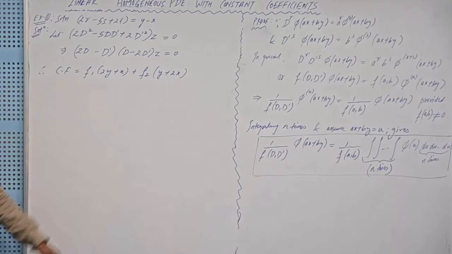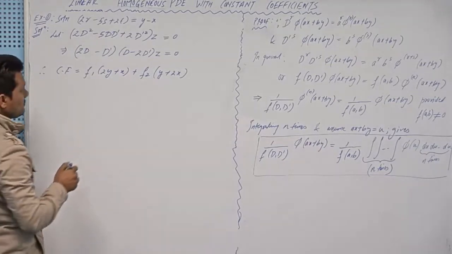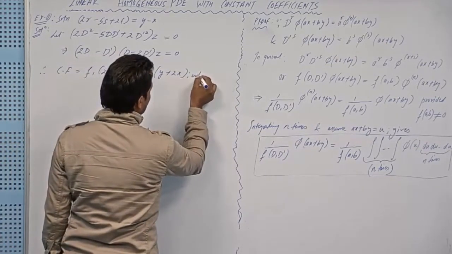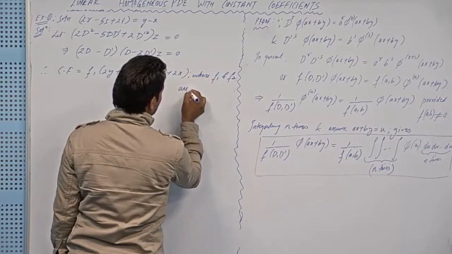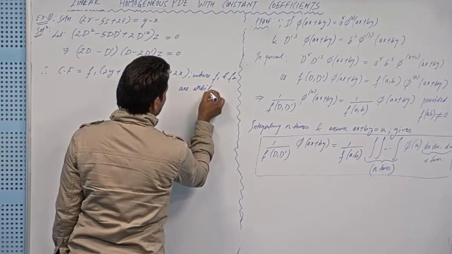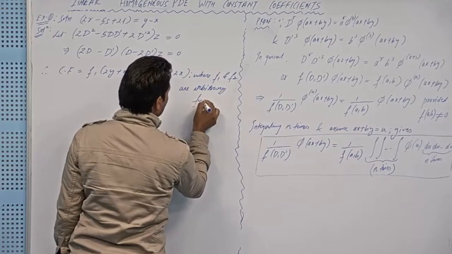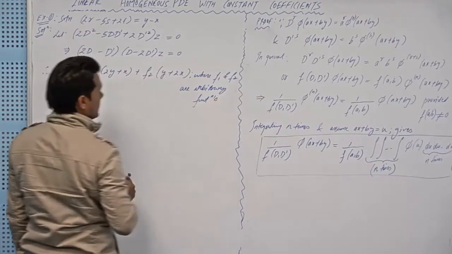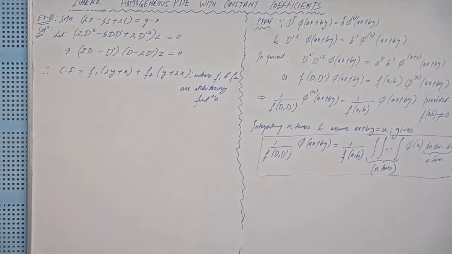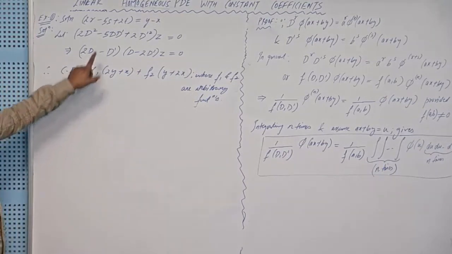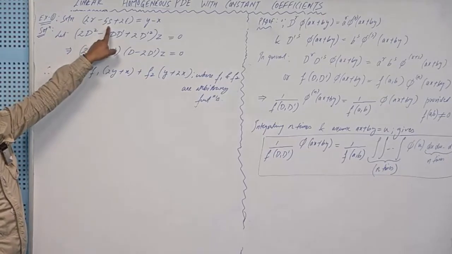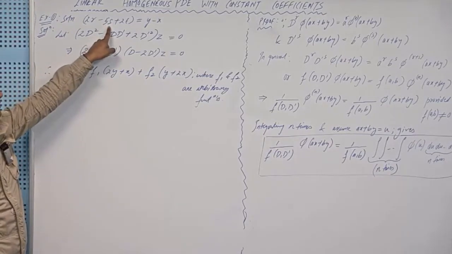Where f1 and f2 are arbitrary functions. Okay. So this is the complementary function for this equation, right? And now I am going to find the particular solution, right?